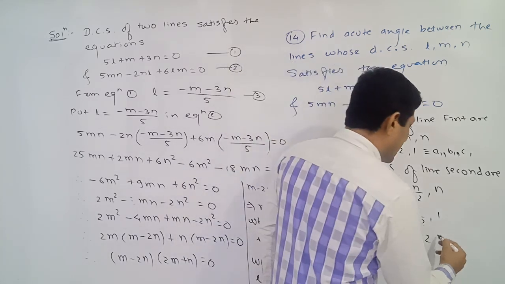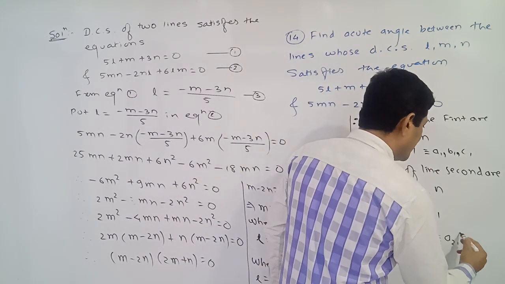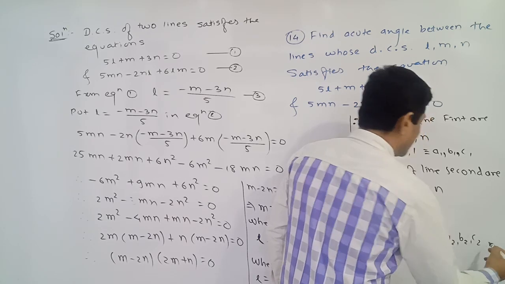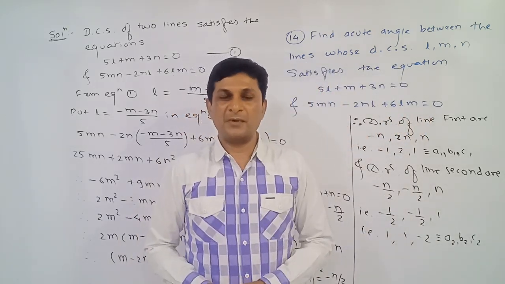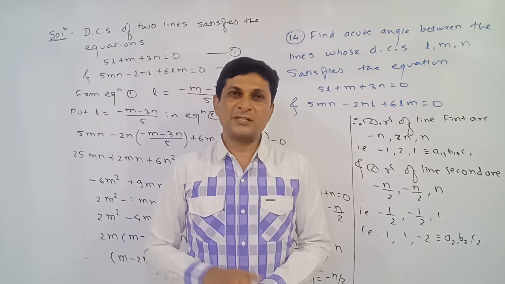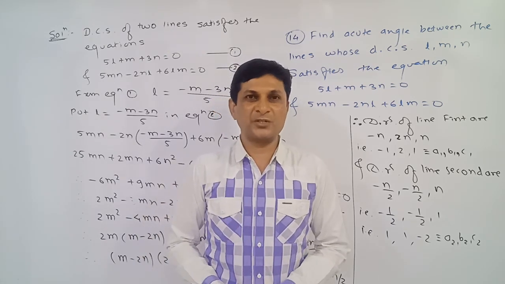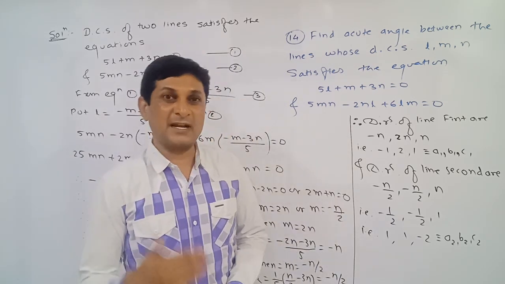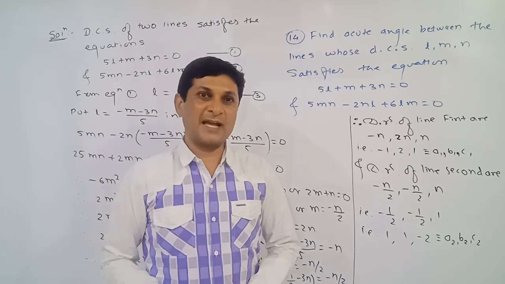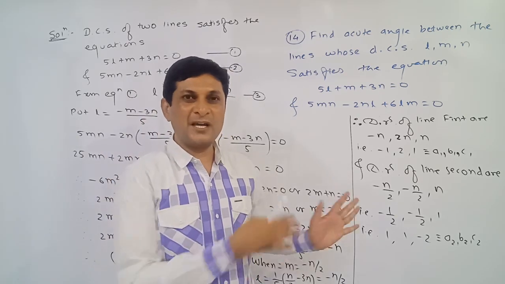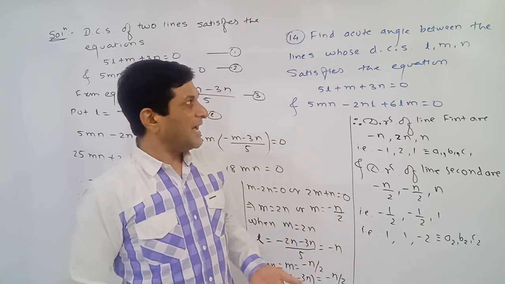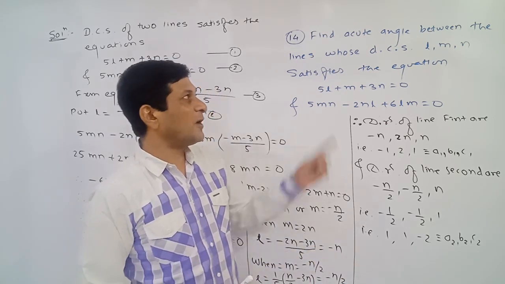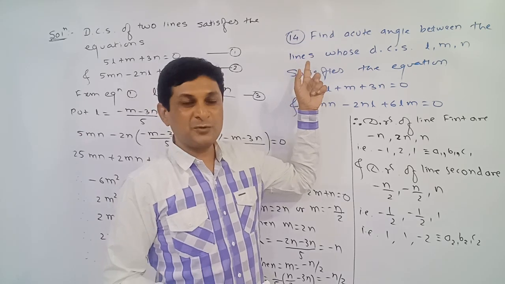So denote these direction ratios by a2, b2, c2. Once the direction ratios are known to us, most results related to direction ratios we study in the next chapter, lines and planes. I don't know why they have given this example in vectors, but as planned, this example is given in vectors and is related to lines.